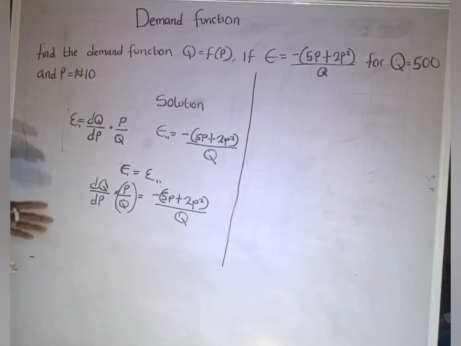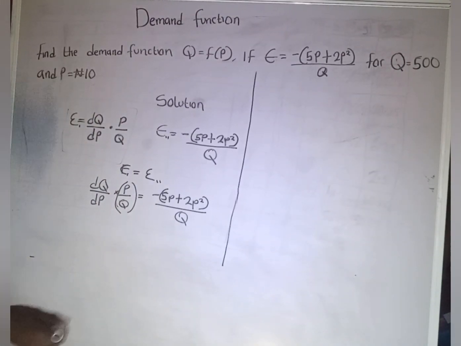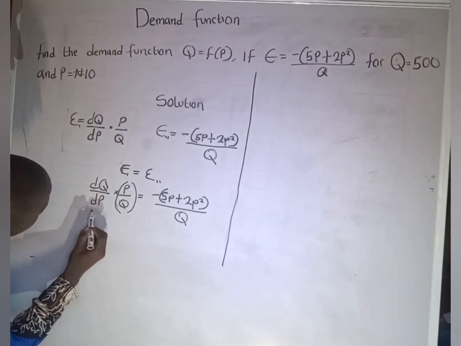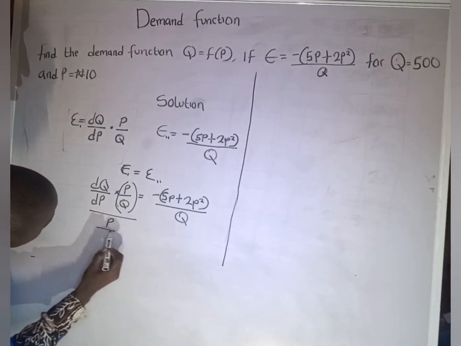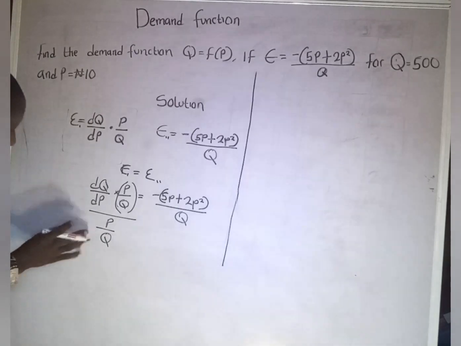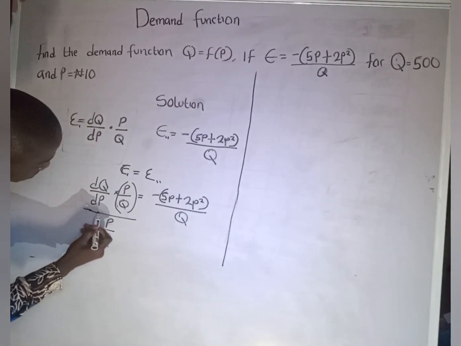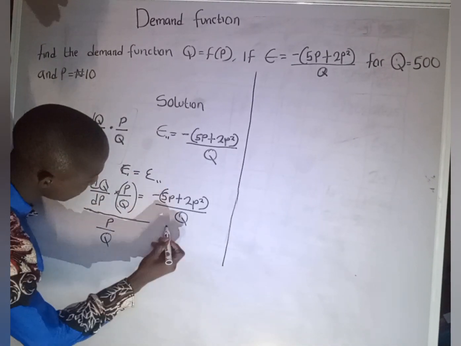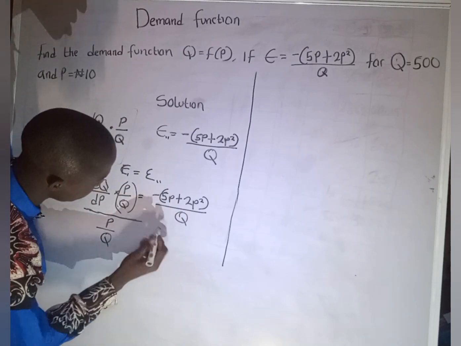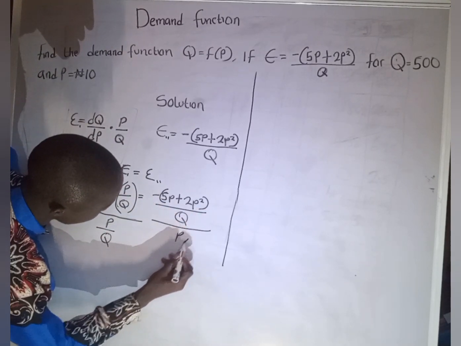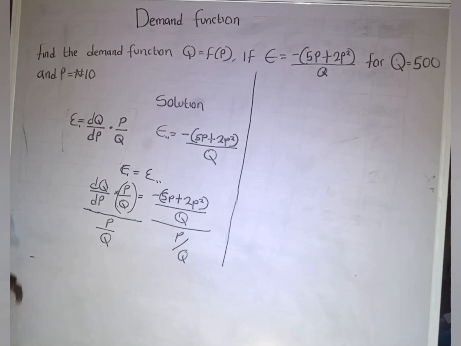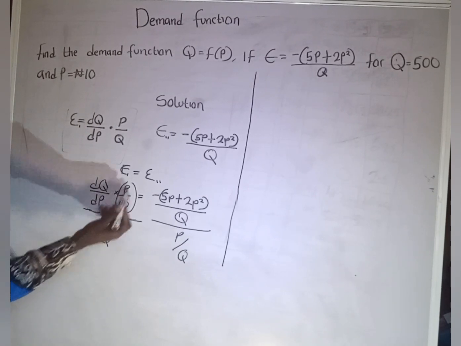So dividing both sides by p over q, I'm going to be having this divided by p over q, then divide this also by p over q. Now this p over q, we cancel this p over q.